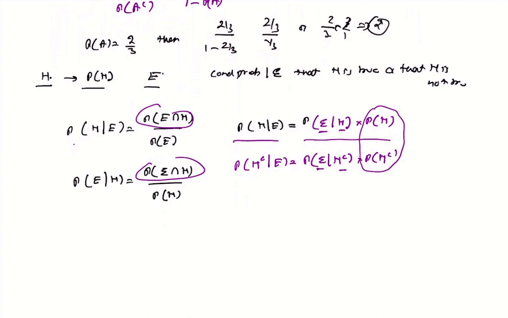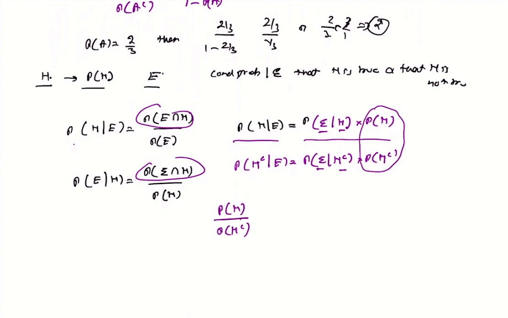Thus the probability of H increases whenever the new evidence is more likely when H is true than when H is false, right? So the old knowledge was that the odds were probability of H upon probability of H complement.